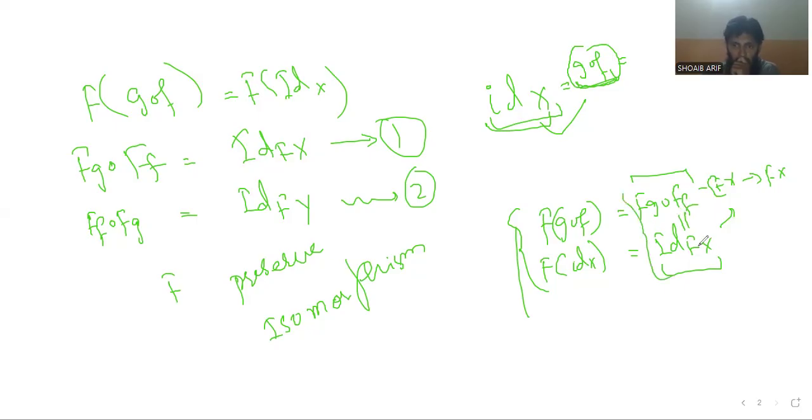So both are equal. Now the next condition is, according to the given condition, f of g is equal to id on Y. Okay, these two morphisms are equal because f is an isomorphism.